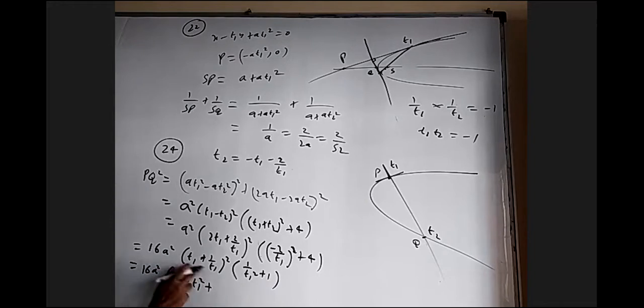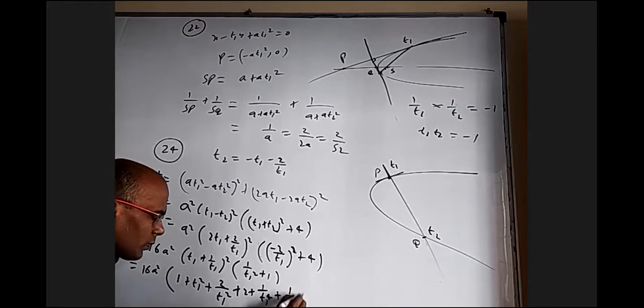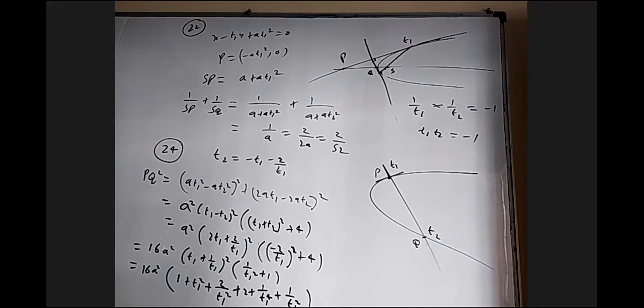Next, 2, this will be 2 by T1 squared plus 2. Next, 1 by T1 squared will be 1 by T1 to the power 4, plus 1 by T1 squared, to see for what value of T1 it will be least.